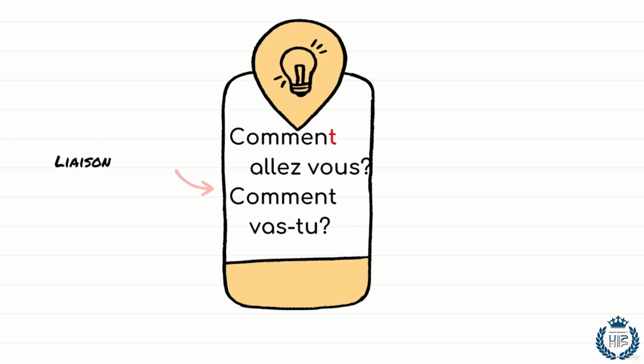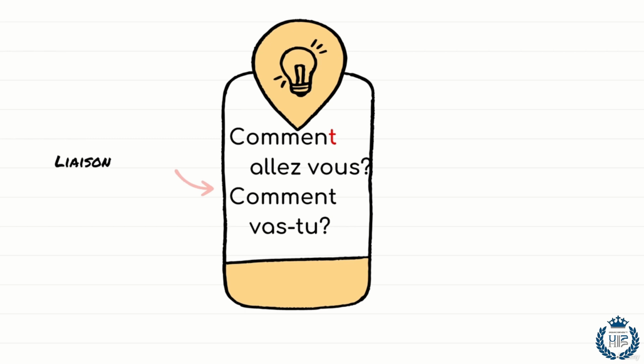Okay, let's see the difference between the pronunciation of comment allez-vous and comment vas-tu. When we say comment allez-vous, we don't pause between the words, right? It is called liaison in French. Liaison is required when two words are pronounced without a pause between them and the second starts with a vowel.